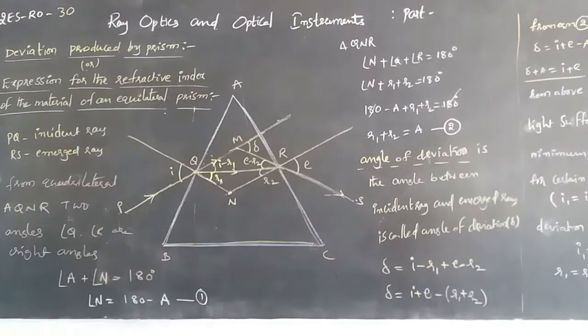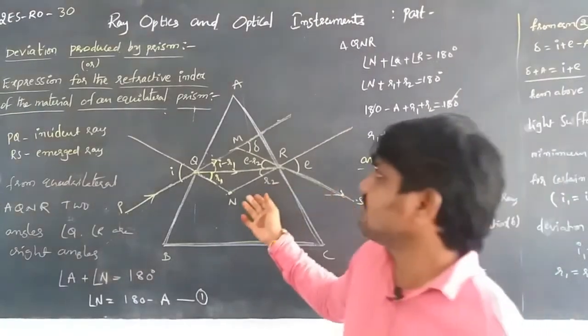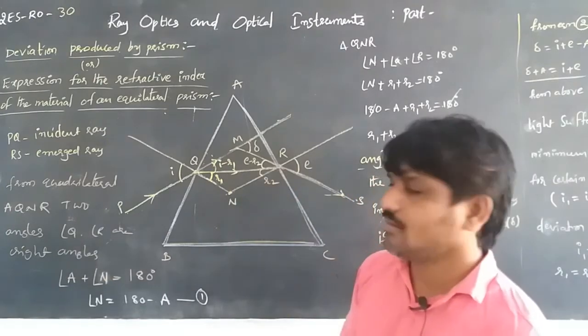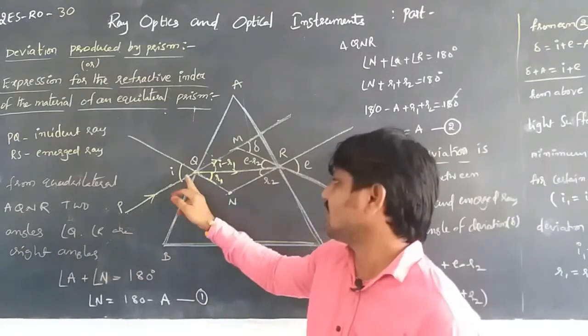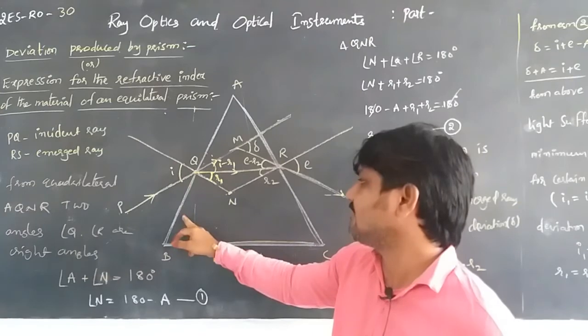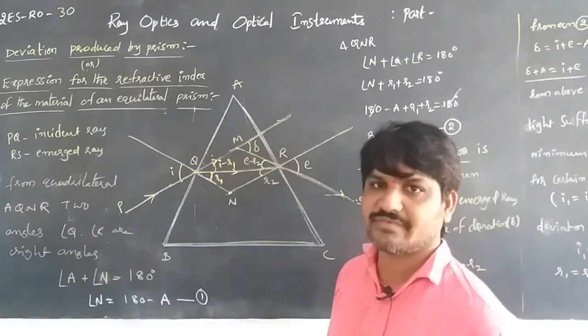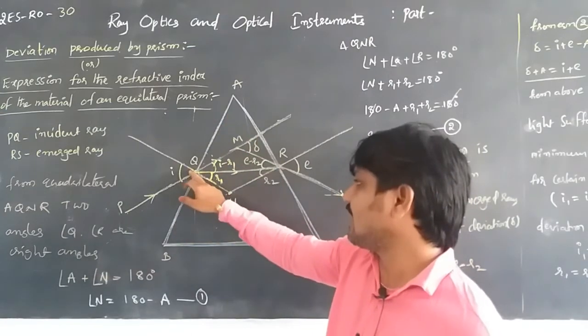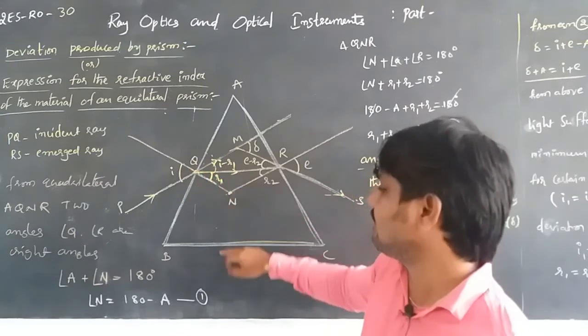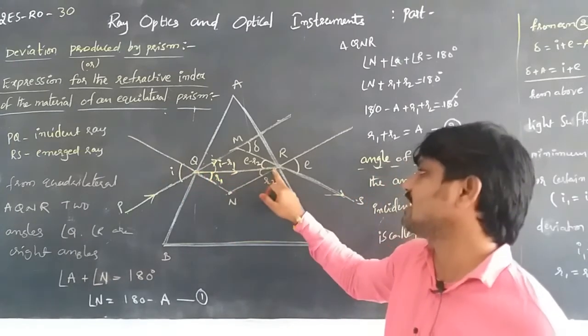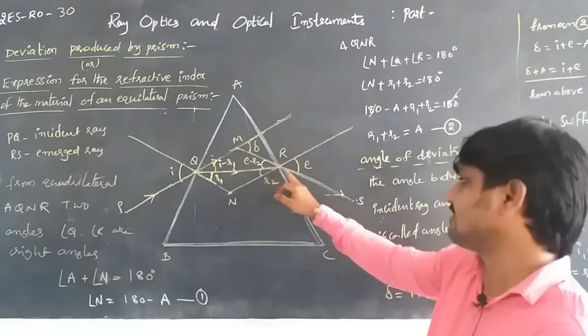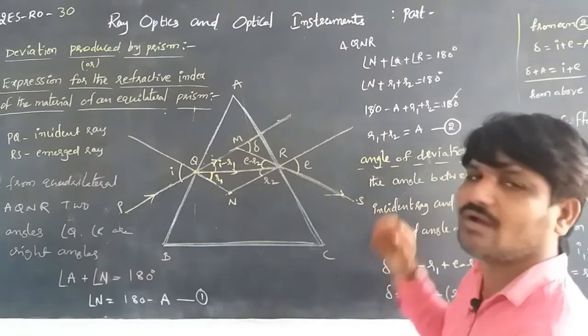Once again, the deviation produced by a prism: PQ is the incident ray. When the incident ray falls on one refracting surface of the prism, the light is refracted parallel to the base, emerges from the second refracting surface and moves in the direction of RS.